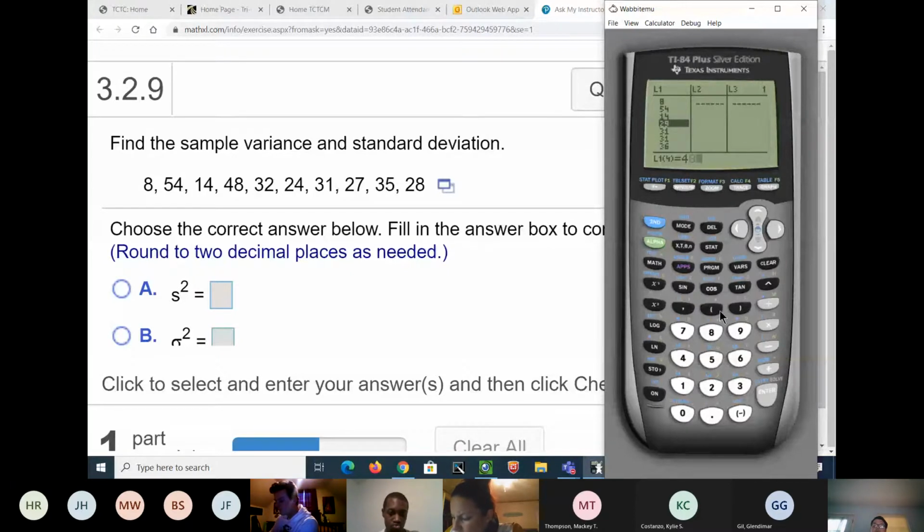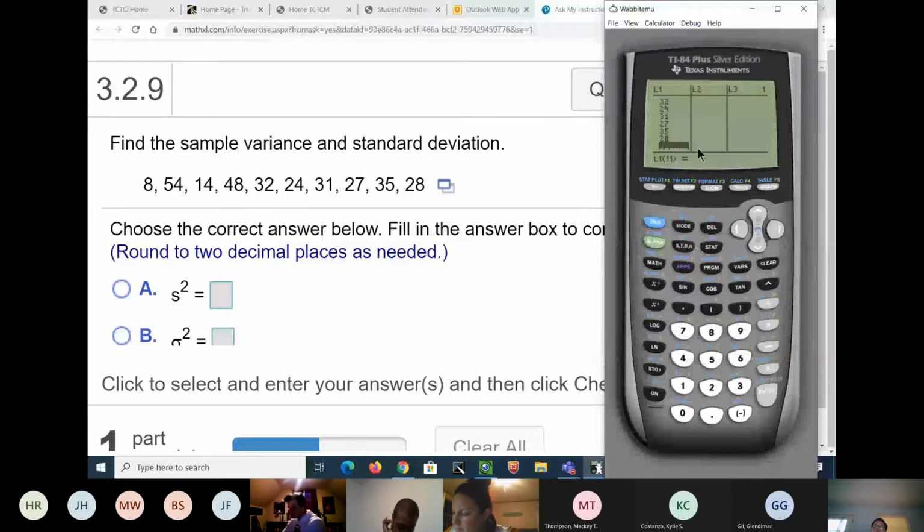To find the variance, we just square the standard deviation, correct? Yes, to find the variance, yeah. Y'all check and make sure I'm not typing in the wrong stuff. 27, 35, and 28. Did you get 164.35?